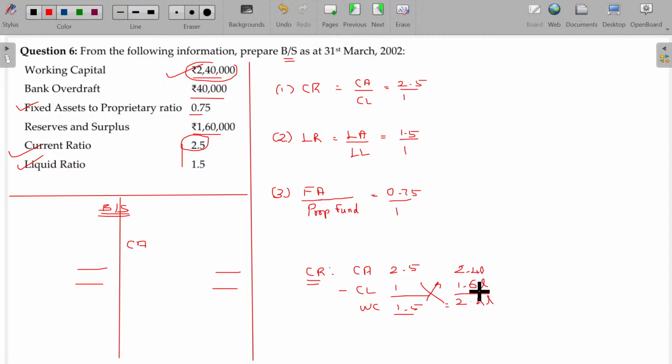Sorry, 4 lakhs. Whatever information you're supposed to post in the balance sheet after finding can be posted immediately. Here current assets being 4 lakhs, and current liabilities being 1,60,000 rupees. Okay. Clear?